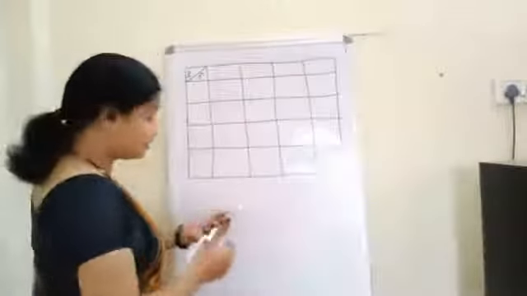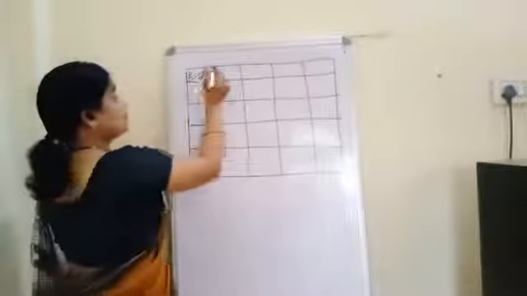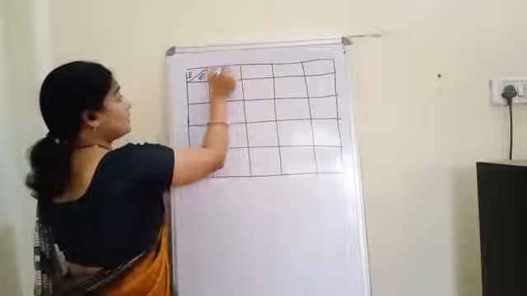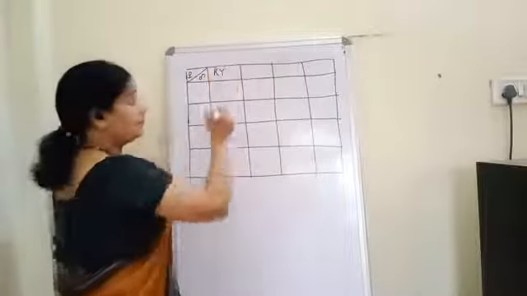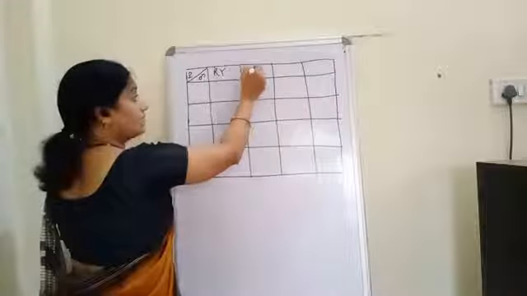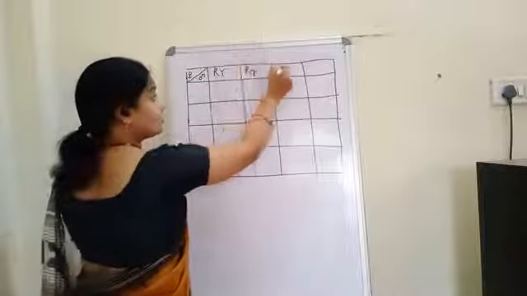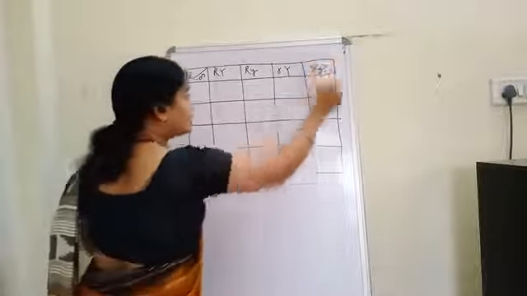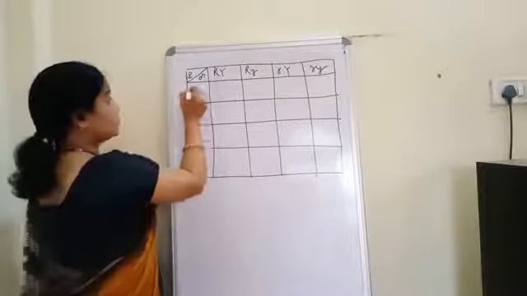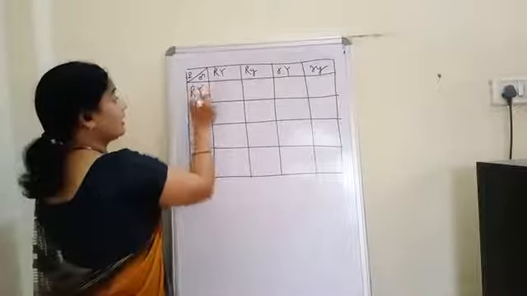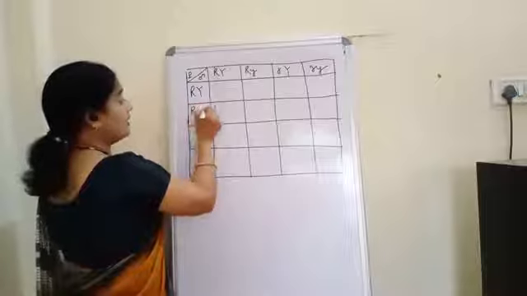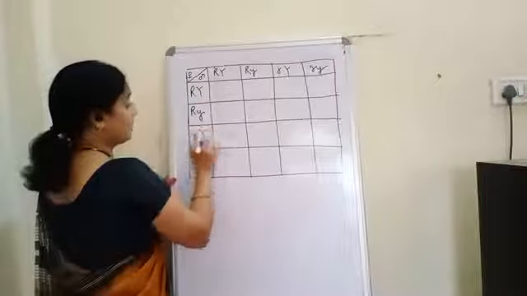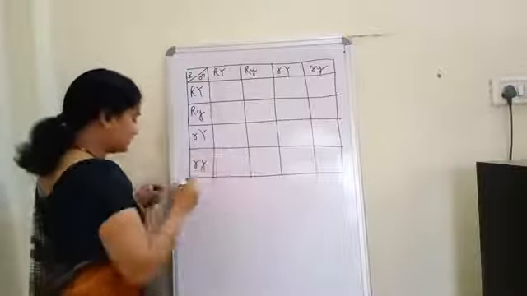Now what gametes have we seen? We saw the gametes capital R capital Y, capital R small y, small r capital Y, small r small y. Here also RY, Ry, rY and ry.